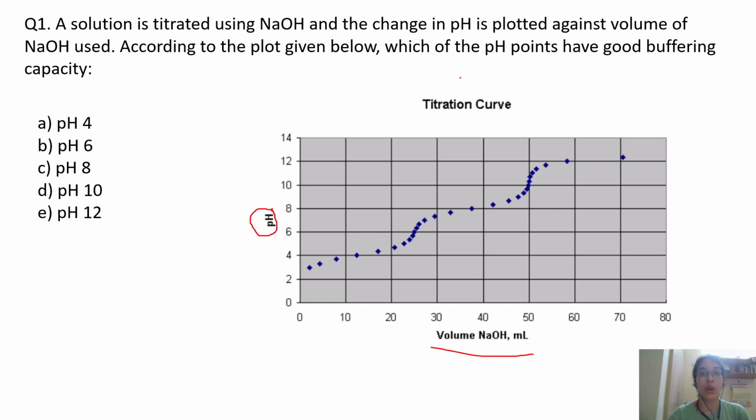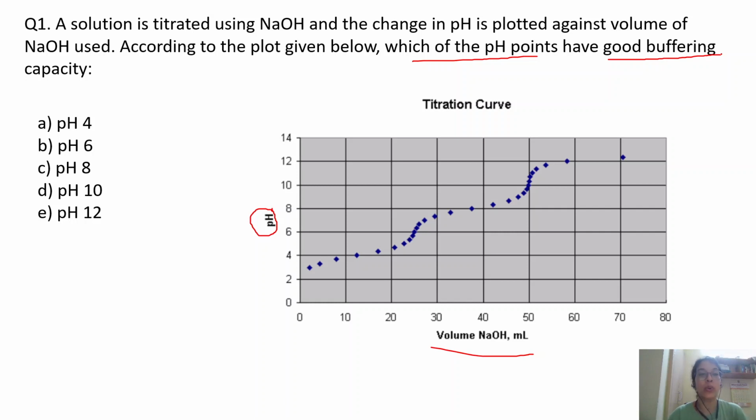The question is, which of the pH points have good buffering capacity? We are talking about good buffers here. What are good buffers? Good buffers are those in which whatever volume of NaOH or any acid we add, the change in pH is less. Here we have different pHs like 4, 6, 8, 10 and 12.